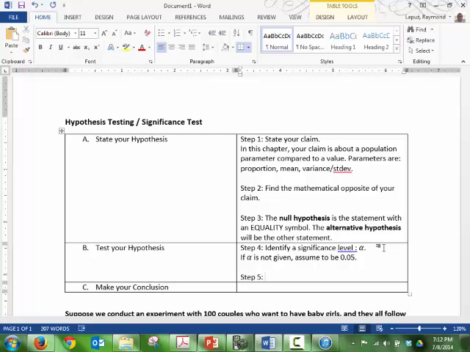Okay? So we're going to test it. We have to find a measuring stick to test it against, and that's your significance level. And now we have to collect information.